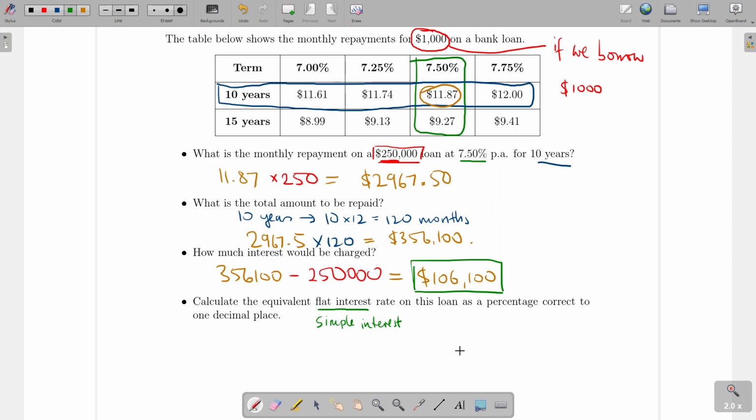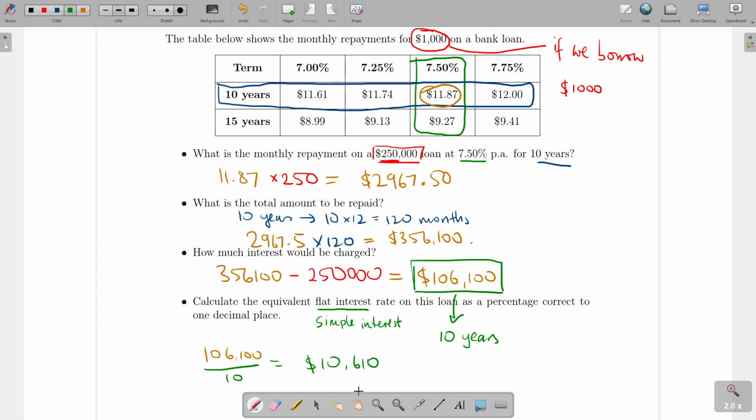See the previous video for the full explanation. But flat interest means let's pretend that the amount of interest charged every single year was the same. So if this amount was charged over 10 years, simple interest would say, let's just divide that by 10. And that would give us $10,610 every single year.